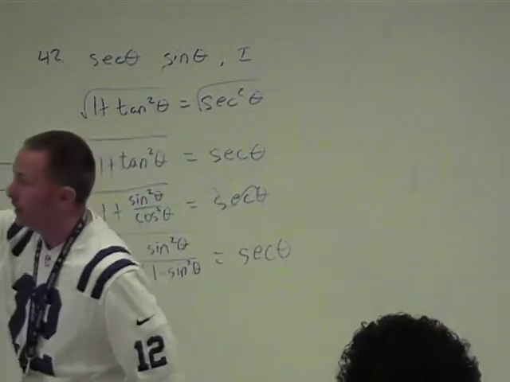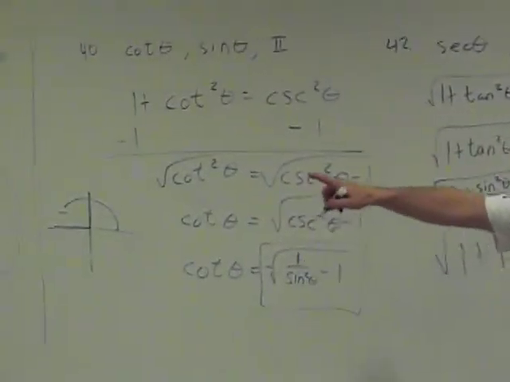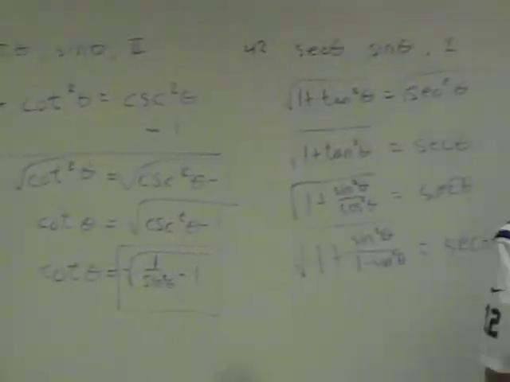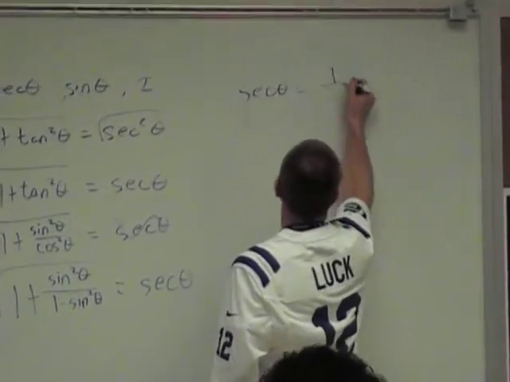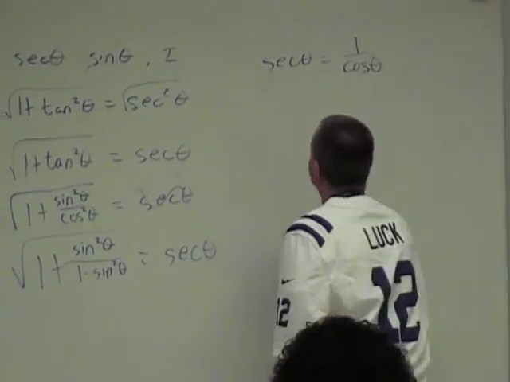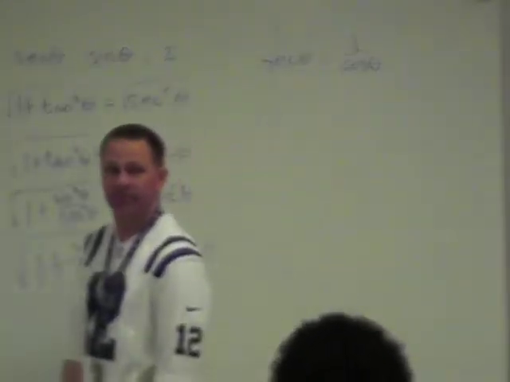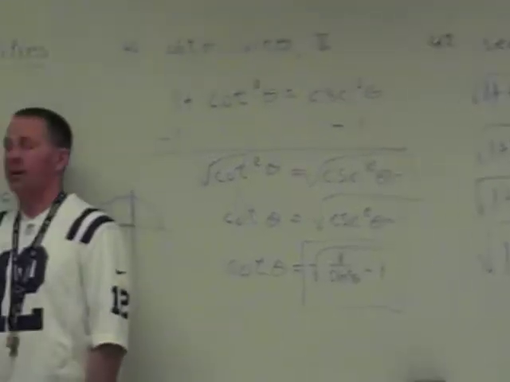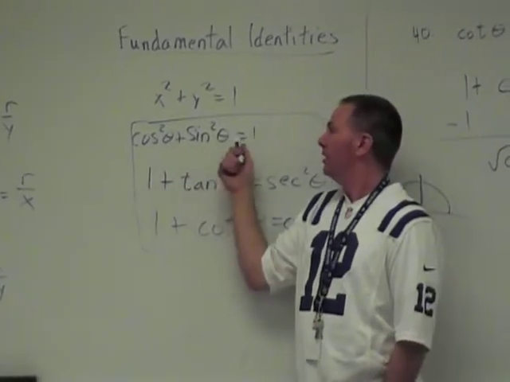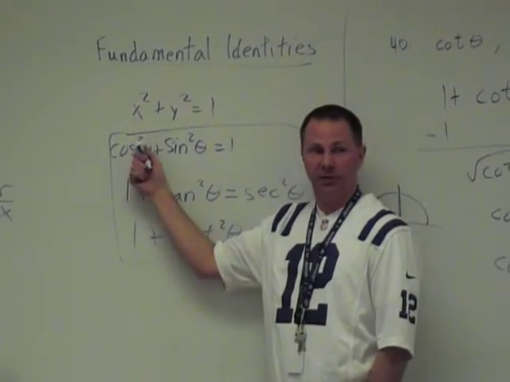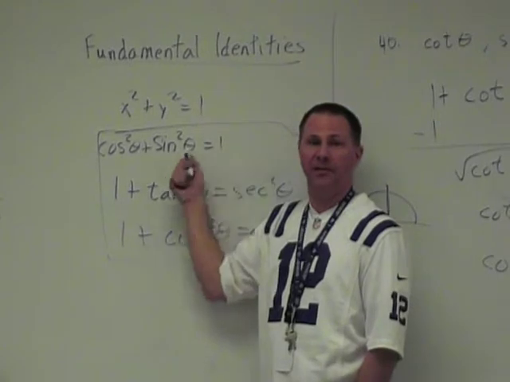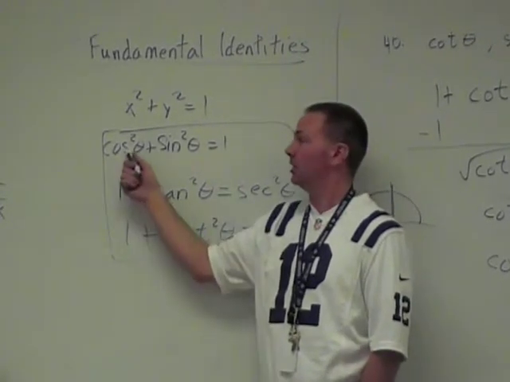You wanted to try the other way. Secant is the same thing as 1 over cosine, right? What do you know about cosine? Cosine is the square root of 1 minus sine squared. I just want cosine, I don't want cosine squared.